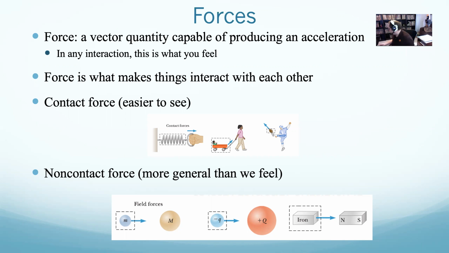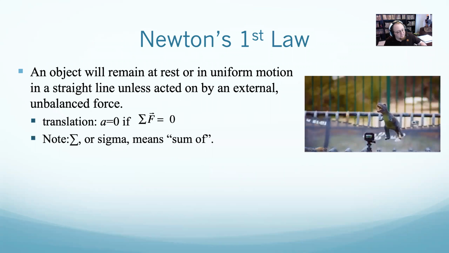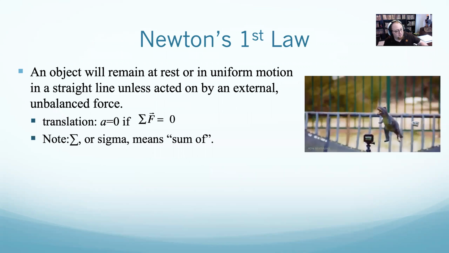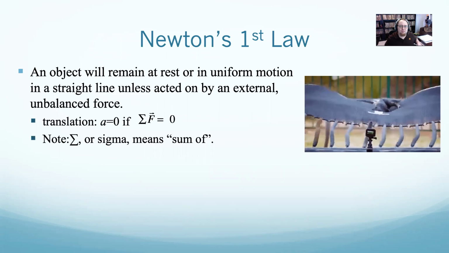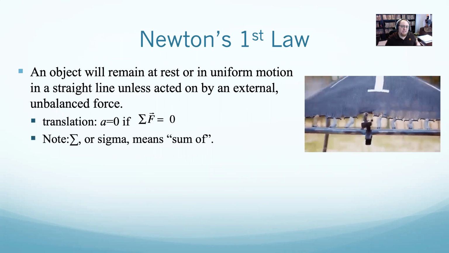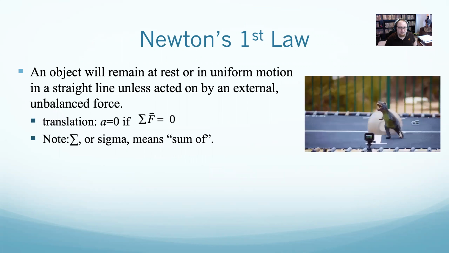Now, forces were first defined by Newton's 3 laws that throughout today I'll slowly go through. And the first of Newton's laws is Newton's first law. Kind of makes sense with the name. Newton's first law is the least useful of Newton's laws, but whatever. It says an object will remain at rest or in uniform motion in a straight line unless acted on by an external unbalanced force.